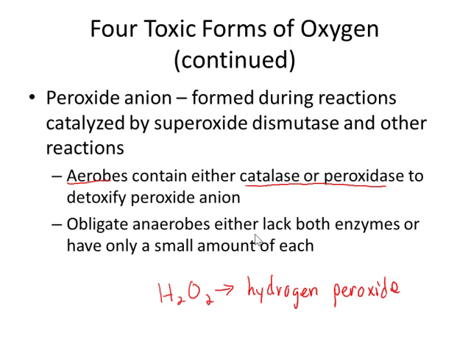I'll show you that on the next slide. However, obligate anaerobes lack those enzymes or don't produce enough, so as hydrogen peroxide builds up in the cell, so does damage, and ultimately, if the damage is so extensive, the cell dies.